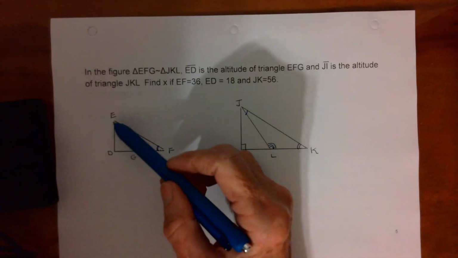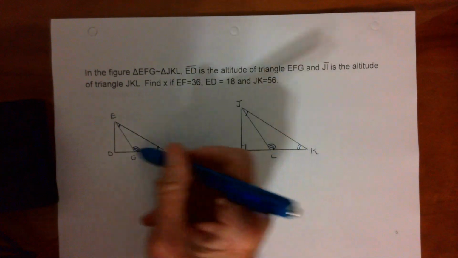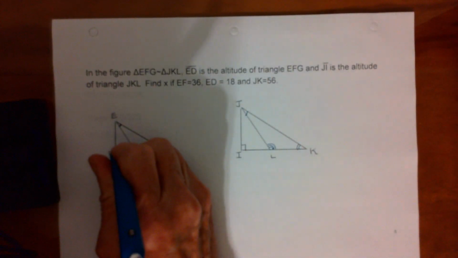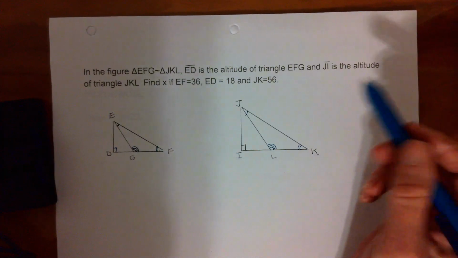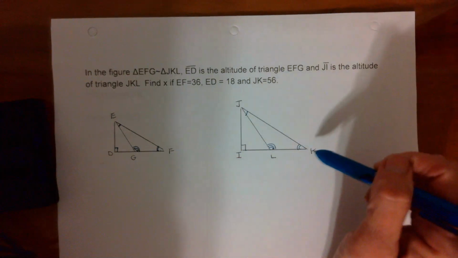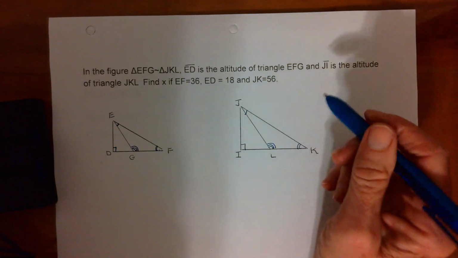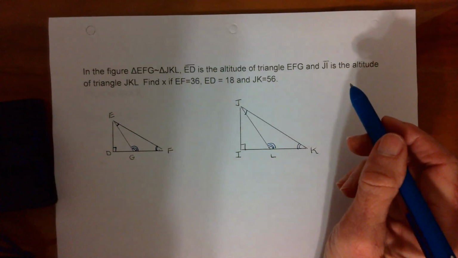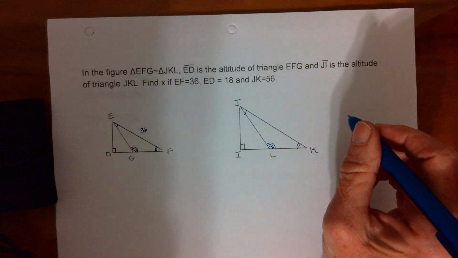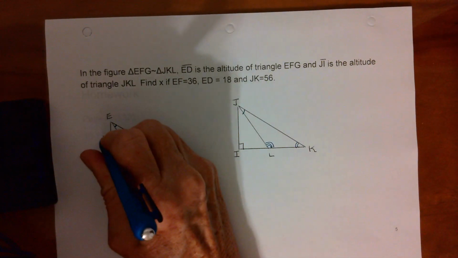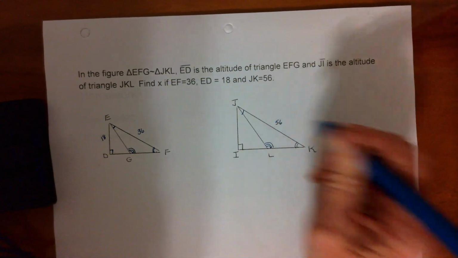The altitude is vertex perpendicular to the opposite side. You see how they had to extend the side. So this is going to be perpendicular right there. And it says JI is the altitude of triangle JKL. So again, they extended this and they dropped the perpendicular line down. Says find x if EF is 36, ED, which is the altitude here, is 18, and JK is 56.